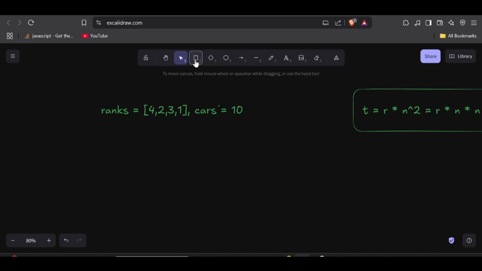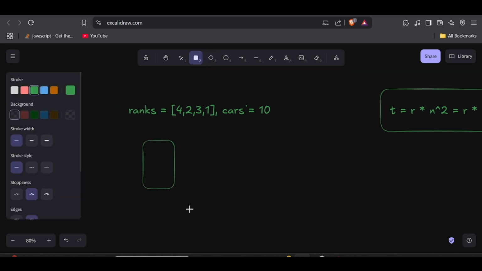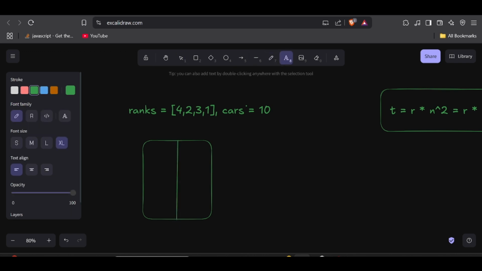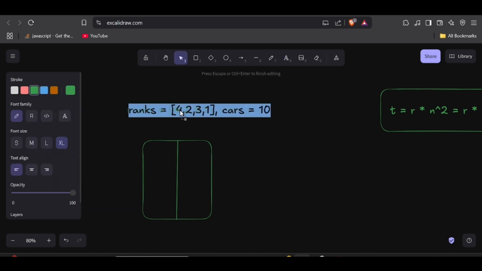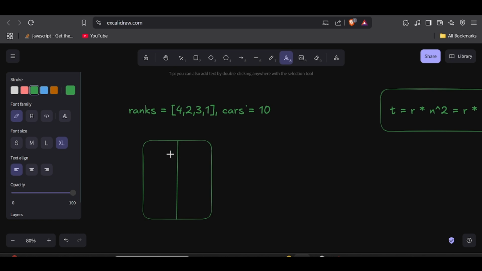For example, let's make a table. Let's say we are talking about this 4. If this mechanic is repairing one car, how much time will it take?